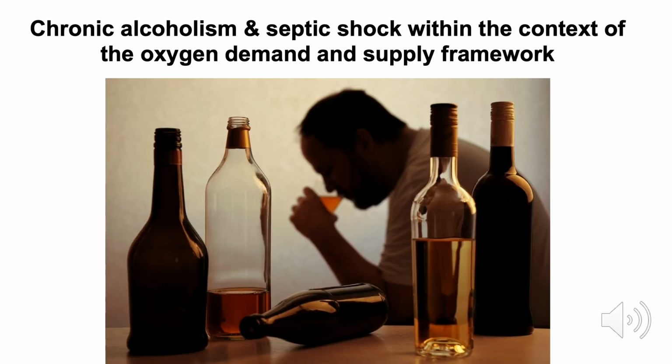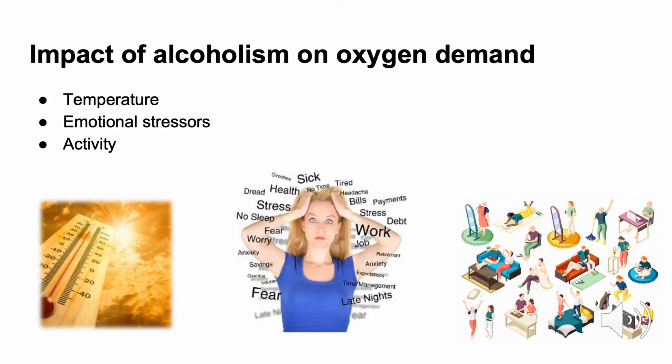In this next section, we will examine the impact of chronic alcoholism and sepsis within the context of the oxygen demand and supply framework. Oxygen demand is affected by temperature, emotional stressors, and activity.